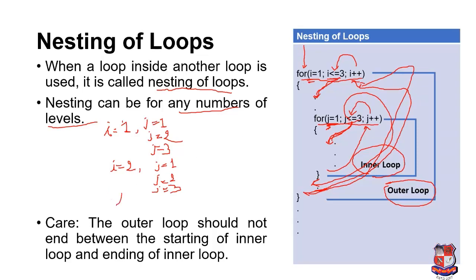Now i equals 3, and the same is done for j equals 1, 2 and 3. After this iteration, control goes to increment i, which becomes 4. Now the condition is false, so control goes outside the outer loop.